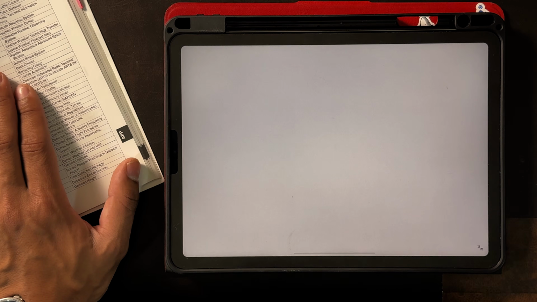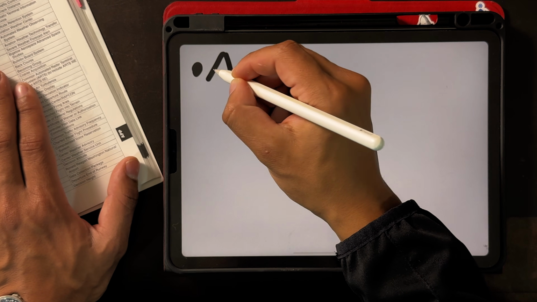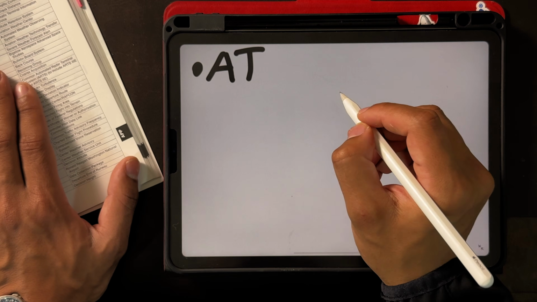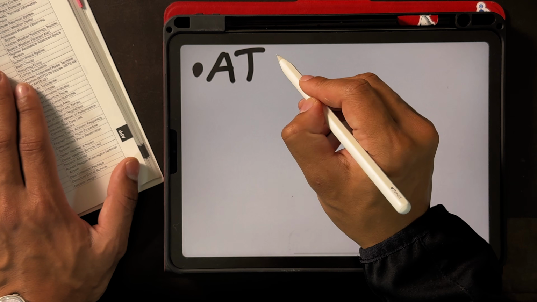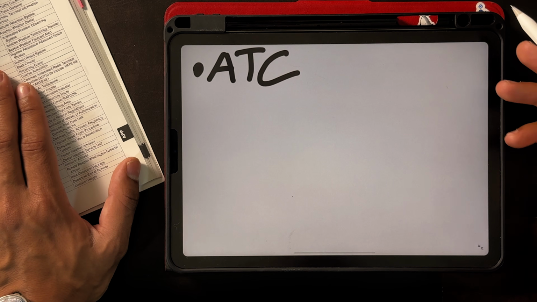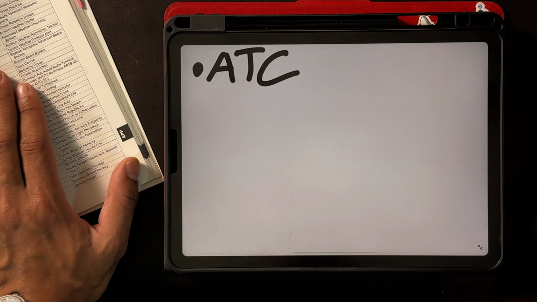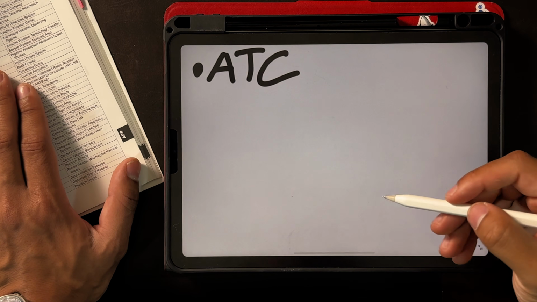So next up, let's pick A, T, C. You may already be familiar. ATC stands for Air Traffic Control, and it's special to me because I was an air traffic controller.